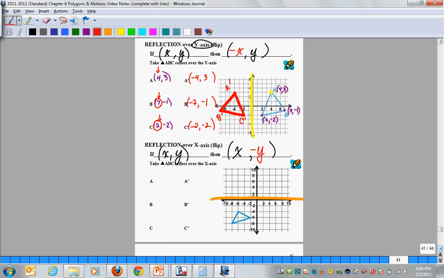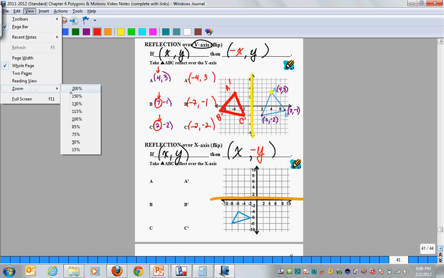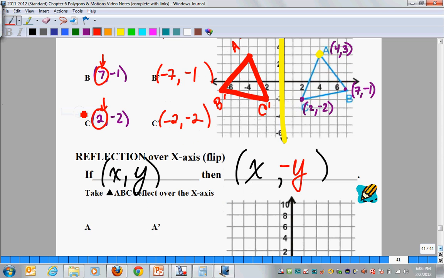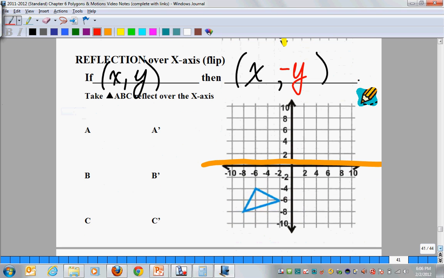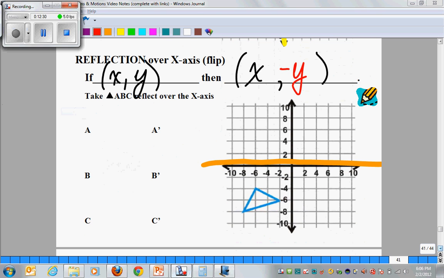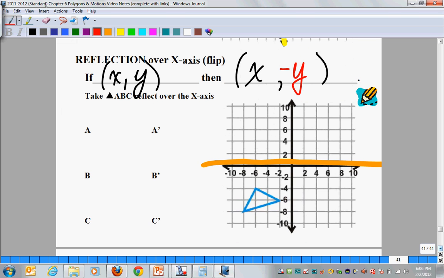And that's going to flip us over the x. So you can see how those are related. To flip over the y, opposite the x. To flip over the x, opposite the y. So let's get these new components and see what we have here.